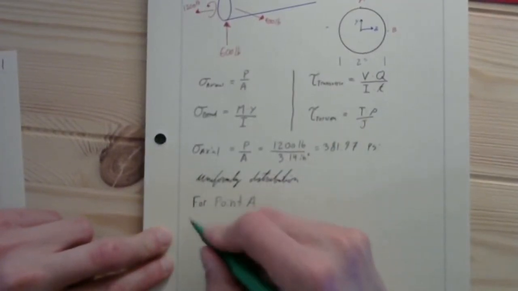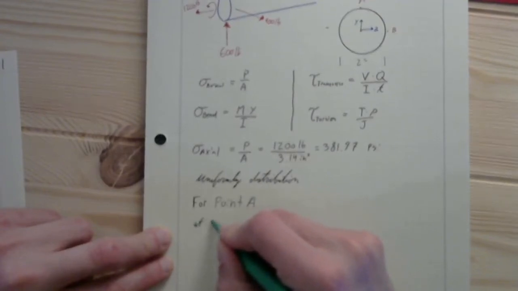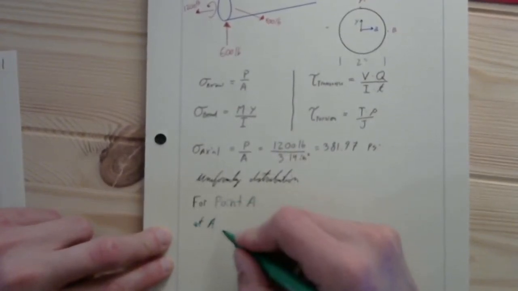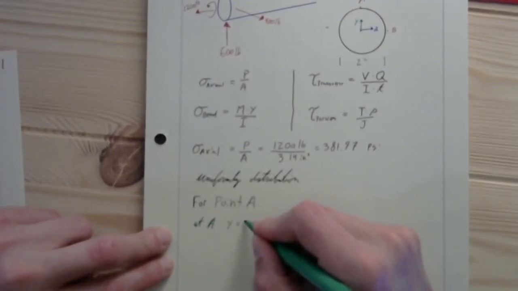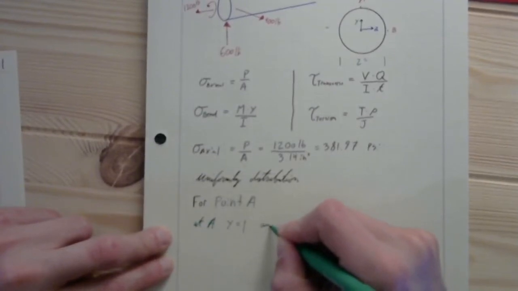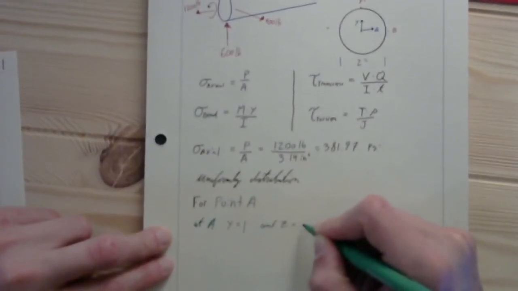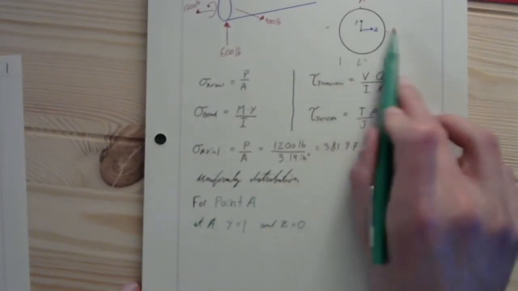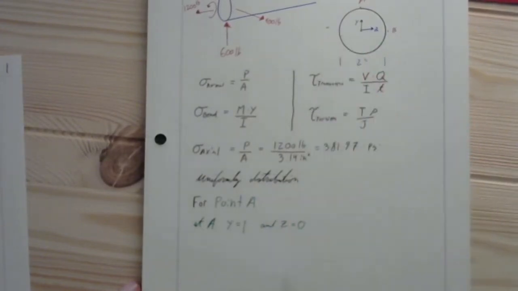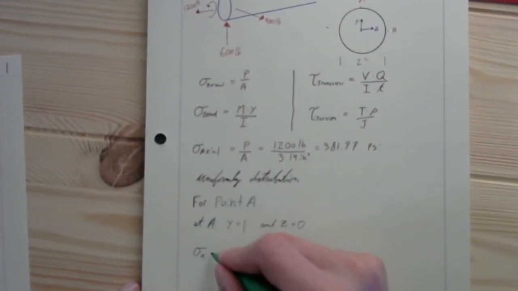However, at A, y is equal to 1, and z is equal to 0. So when we set up our normal stress for a moment about the z-axis, the normal stress it's going to induce is going to be in the x direction.